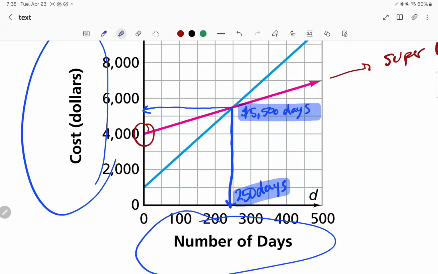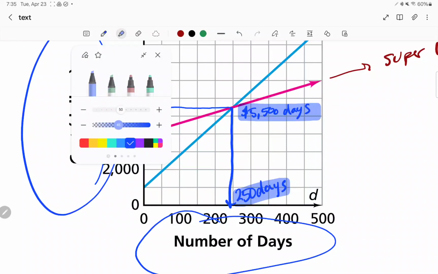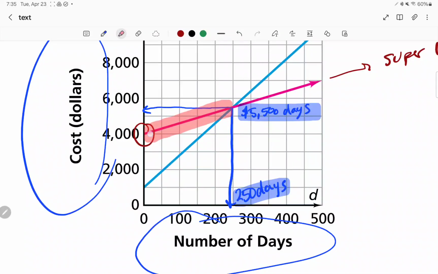So number 2 says, for what number of days will Superlocks cost less than Failsafe? So remember, Superlocks is the red one. And so if we highlight where the red one is less, where it costs less, that means it's below that blue line.